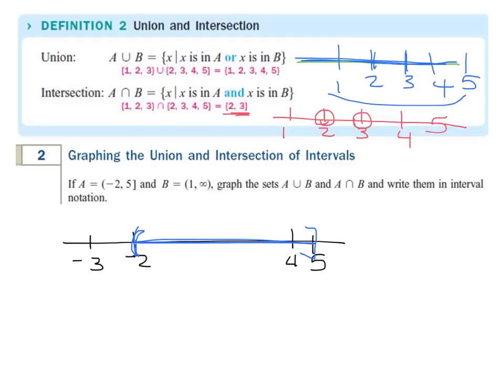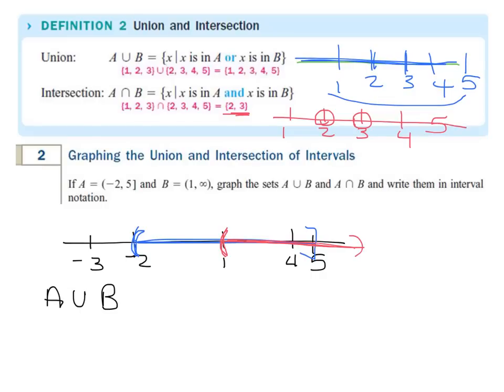Okay, so B, so I'm going to put in red. B is from 1. Okay, so 1 to infinity. What you're going to do is graph that, and then write the union, A union B.